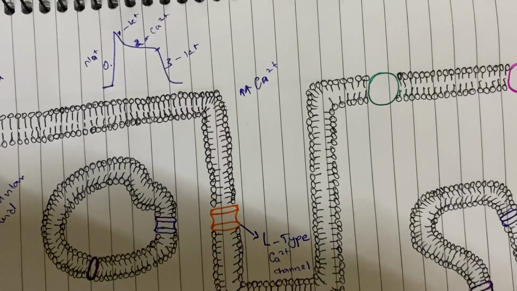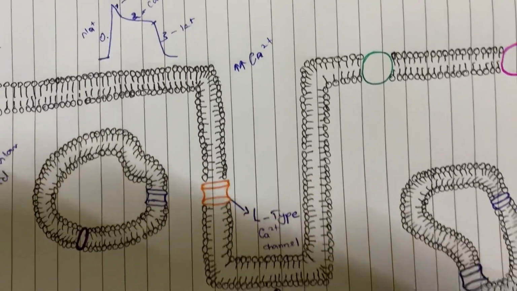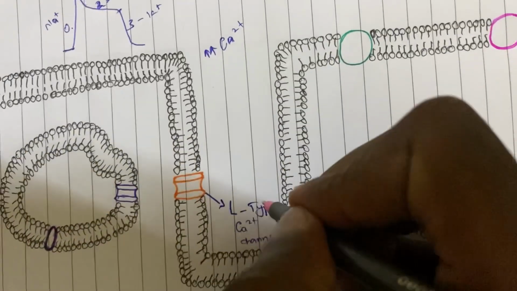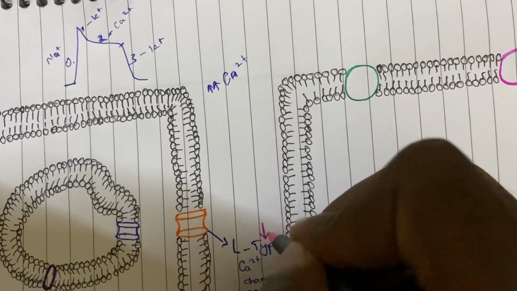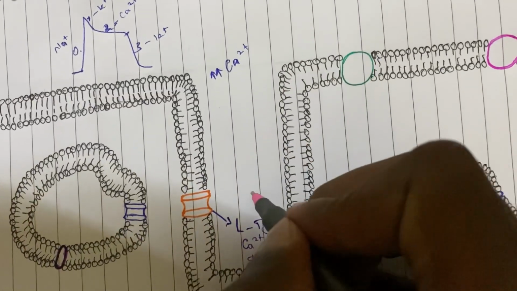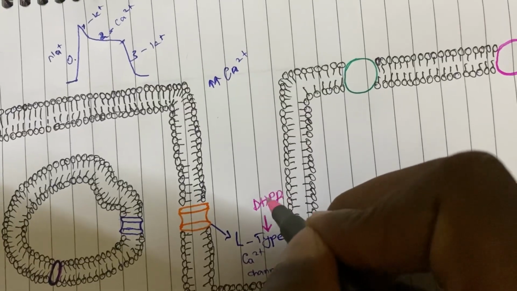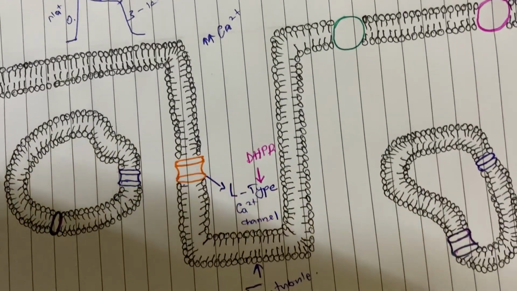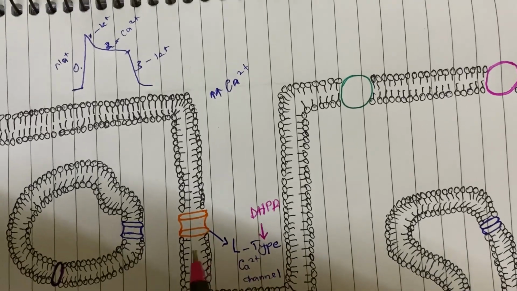It has its special name. It is a dihydropyridine receptor. This is a receptor that is voltage gated.